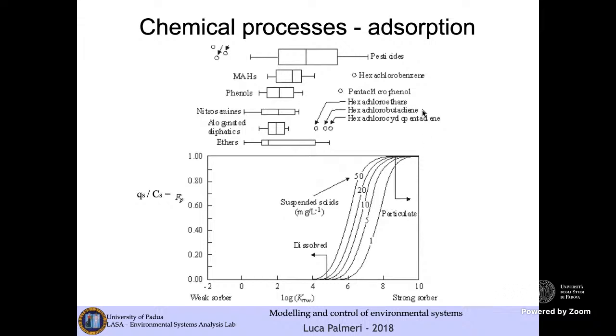For example, this is an indication that explains why for pesticides you shall describe the dynamics of suspended solids, because you will mostly find pesticides on the particulate phase, because pesticides have a large value of the KOW, and in particular, if the particulate that is interacting with these pesticides is a strong sorber, like for example clay, pesticides in clay will mostly be found in the solid phase.